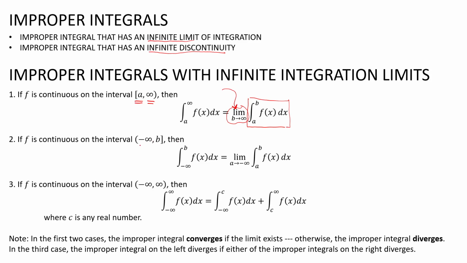Next is if you have a lower limit of negative infinity. Notice again that the lower limit is an open bracket, then the upper limit is fixed. Again, we take the negative infinity outside the integral equation, thus creating the limit of the lower limit, which is a, as a approaches negative infinity, and then the integral of the function of x from a to b.